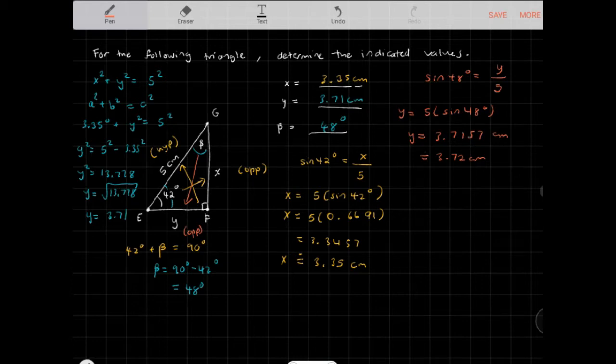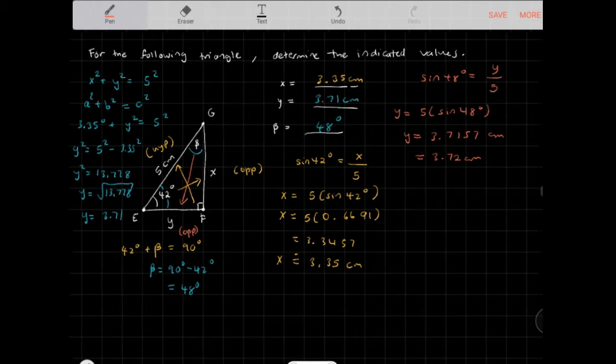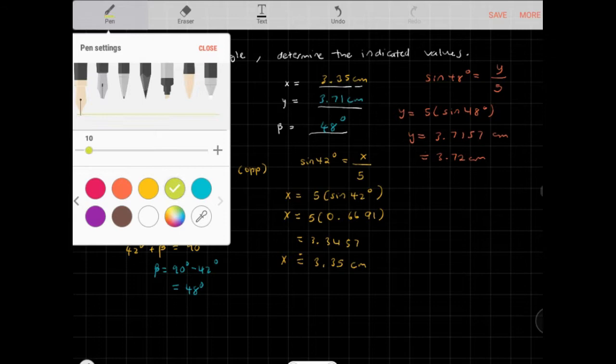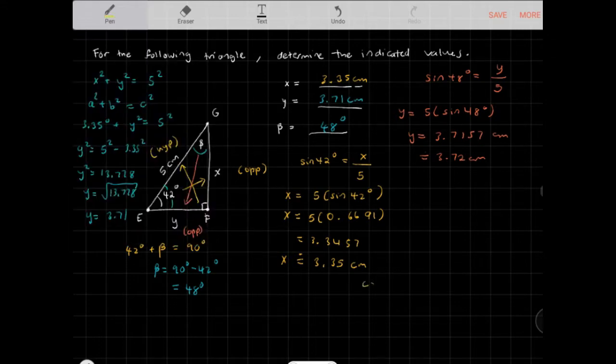So it's like 3.715. I could have had a rounding error here that caused a slight deviation, but you can notice here that it's the same value. So this just indicates that there's multiple different ways you can do this. We can also use the 42 degrees to solve for y by using cosine. Let's see that. I'm going to show you that it gives you the same value. If I do cosine 42 degrees, then this becomes the adjacent side, y, over the hypotenuse 5.